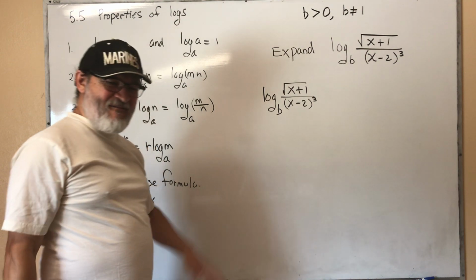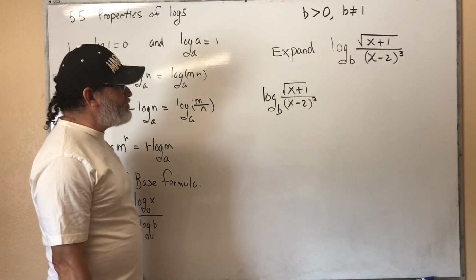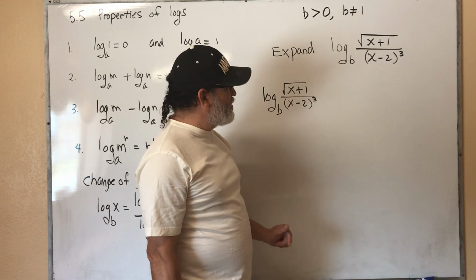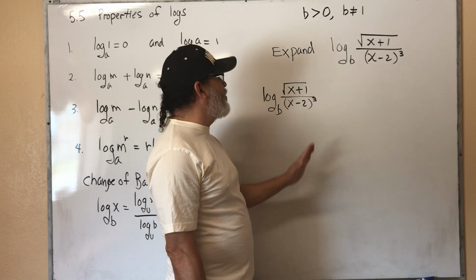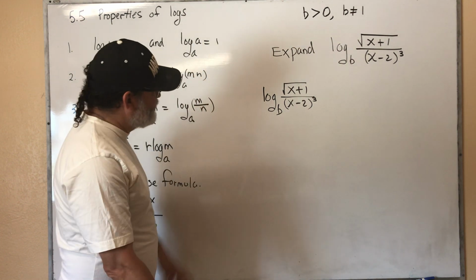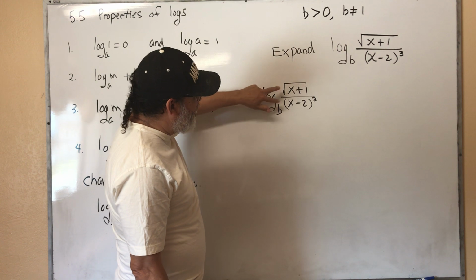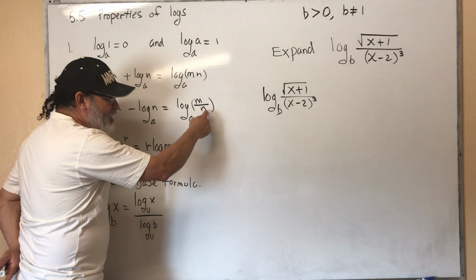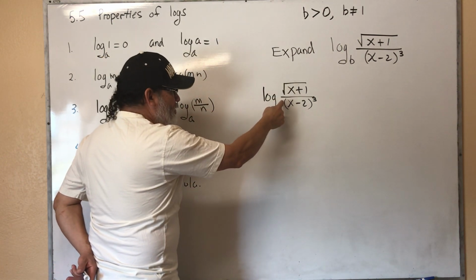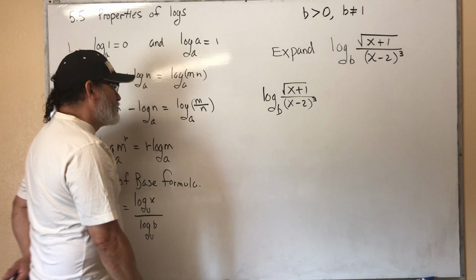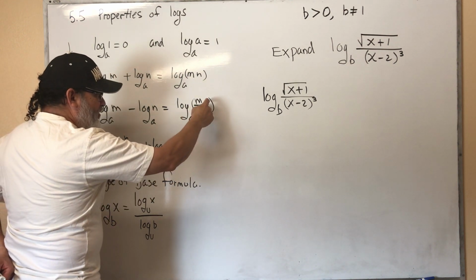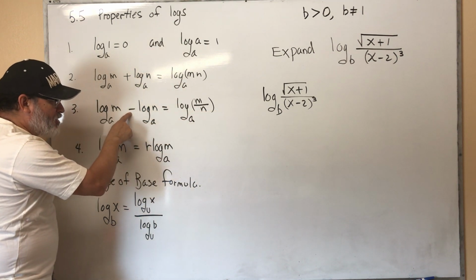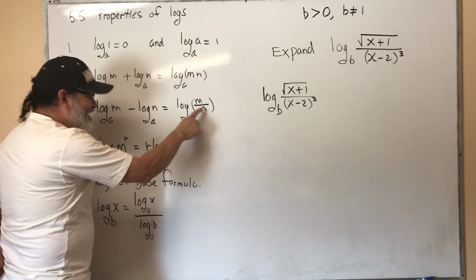First step. Look, we can do this. This is the log of a quotient. Numerator, denominator. The log of a numerator divided by a denominator equals the difference of the logs, and this denominator is in the second logarithm.